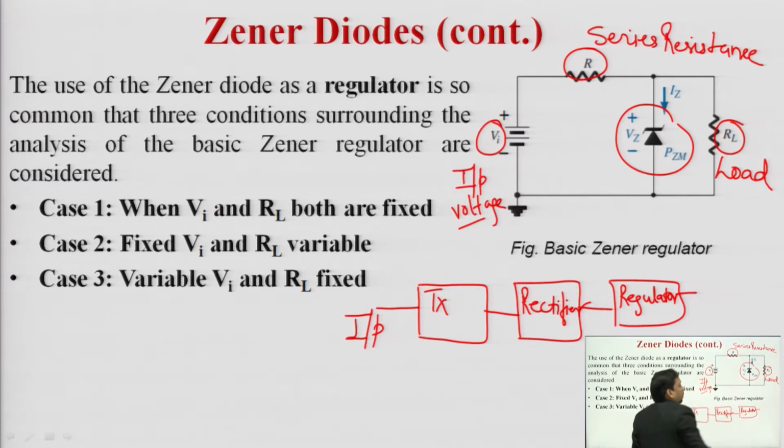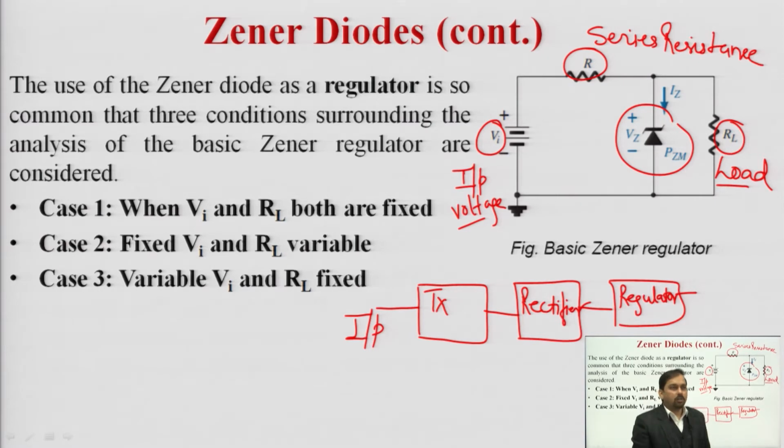Depending upon the input voltage and load, we have three cases. The first case is the simplest one, in which the input supply applied to the circuit is fixed, and the load connected to the output is also fixed. So, this is the easiest case.